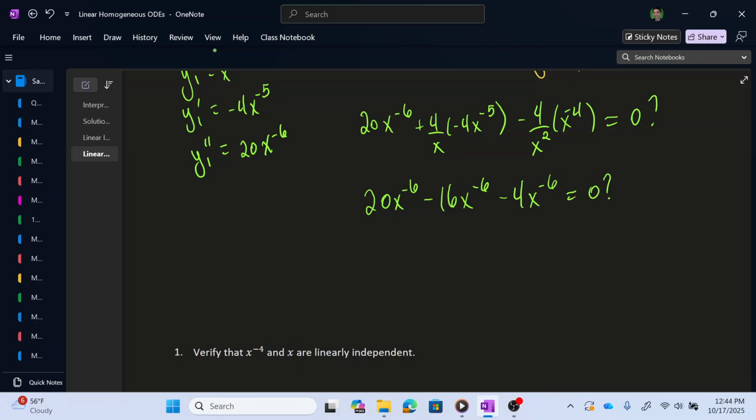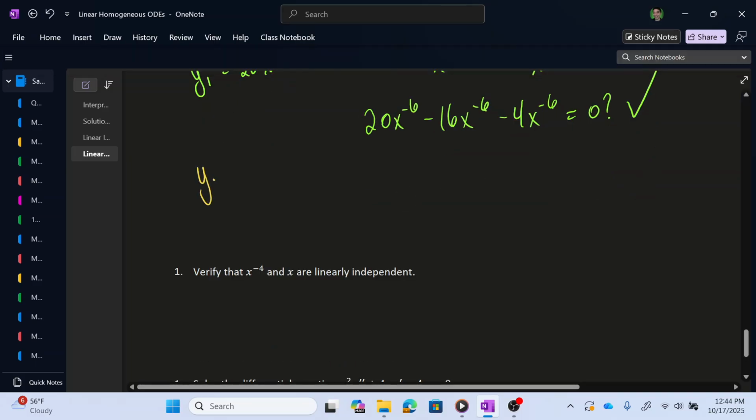And now I can more easily see that the expression on the left-hand side does become 0, because when I combine these like terms, I get 20 minus 16 minus 4, which does completely cancel out and become 0. Let's do the same thing with the other given function, y2 equals x.